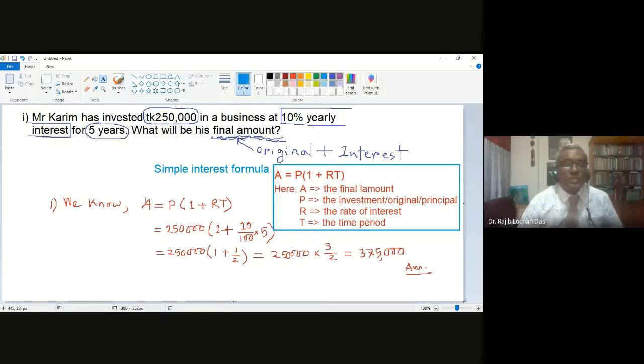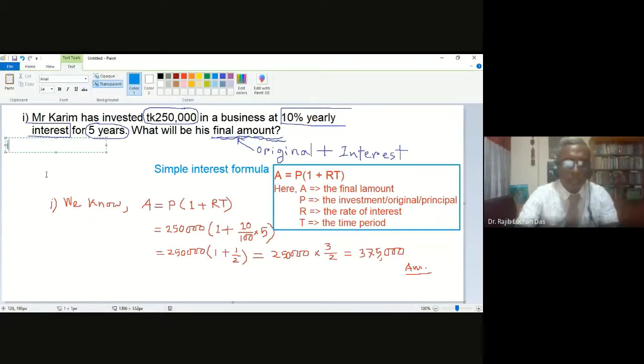So in this case, you have A, P, R, T, 4 things. If you know any 3 things, then you can calculate the other one. So I can make different questions in many different ways. I'm making a question number 2 here.